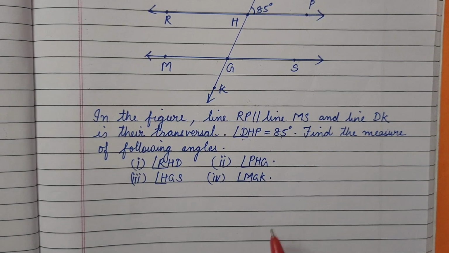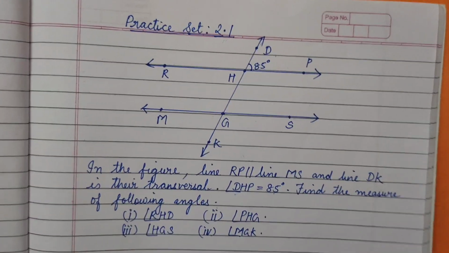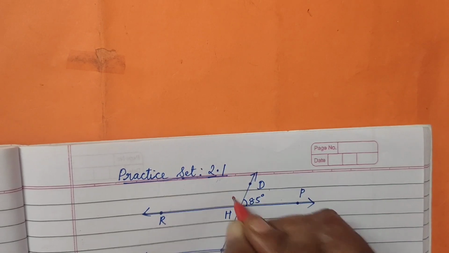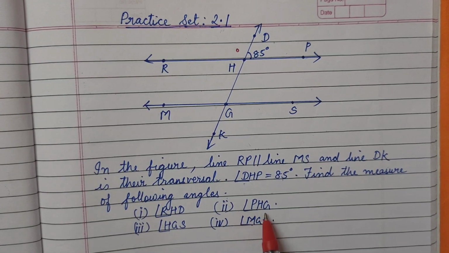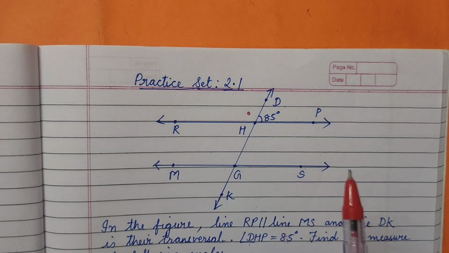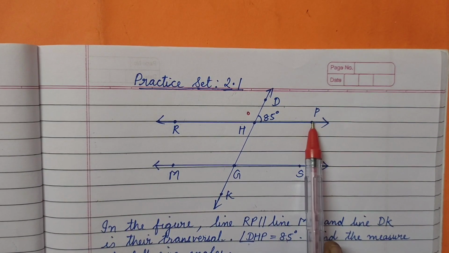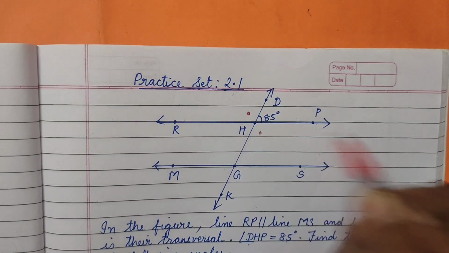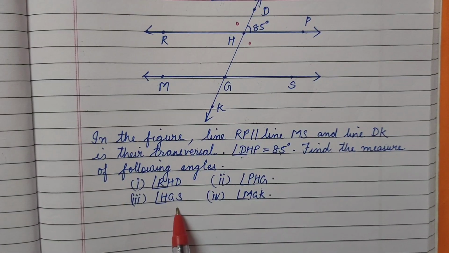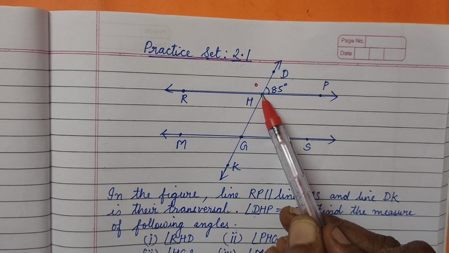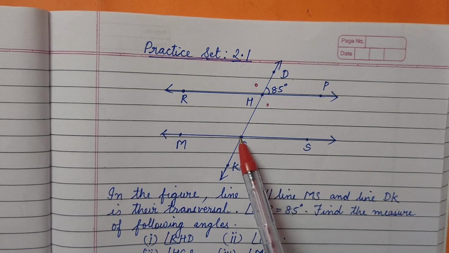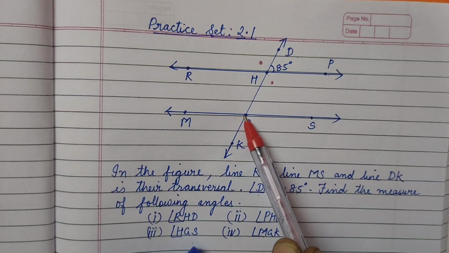Let's see where our RHD is. See here, yes, RHD. We need to find this angle. And second is PHG. We will go along with the figure. This also has to be found. Next one is HGS. See here, H, we go with the figure. HG, and where is our S here? See HGS.